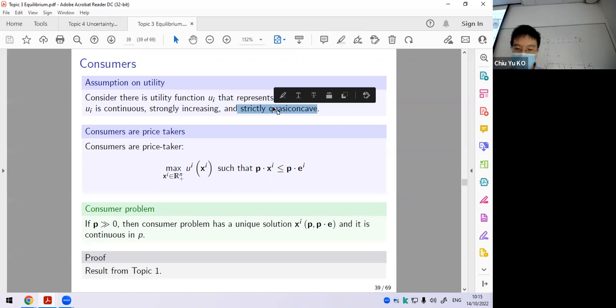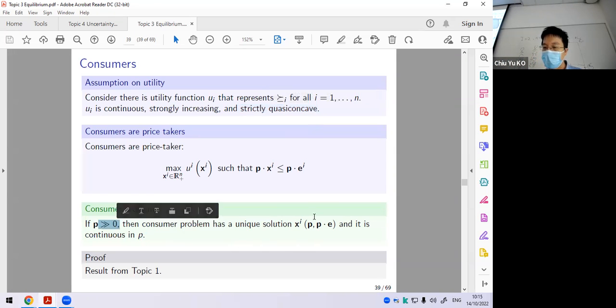We also learned that if the prices are positive, there will be a unique solution. If a price is 0 for some good, then a lot of things can happen and you may have some issues. But under strict concavity, you don't have a problem.